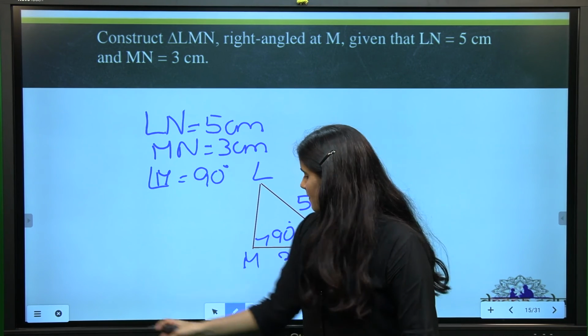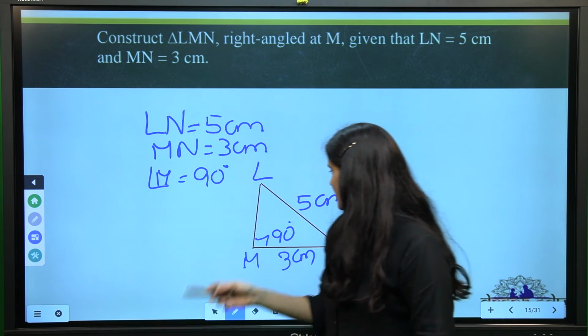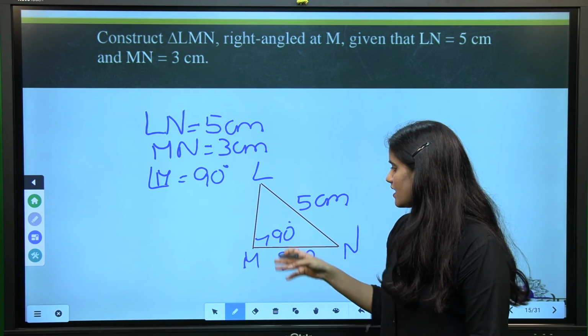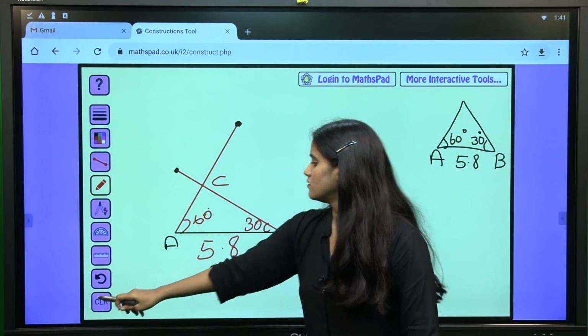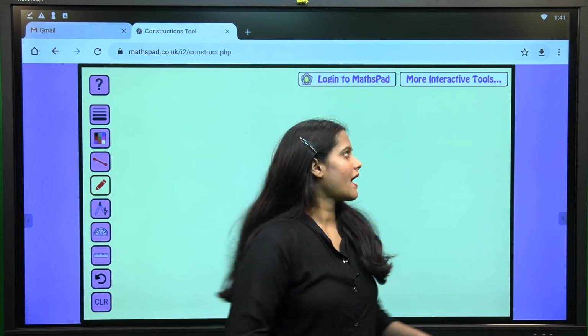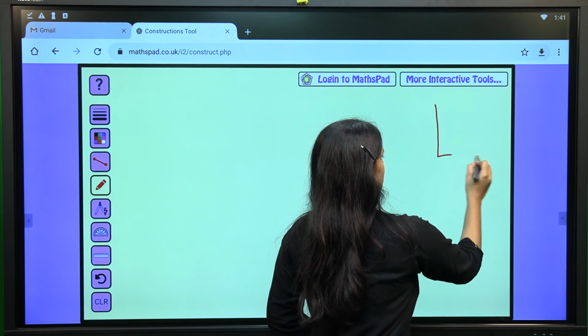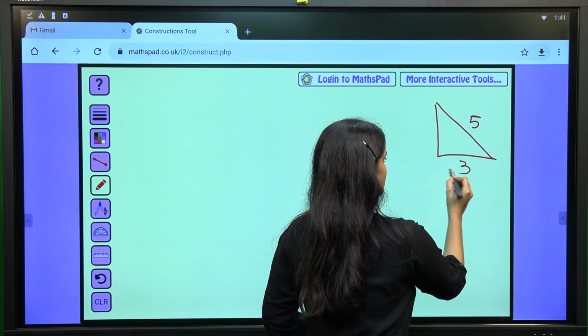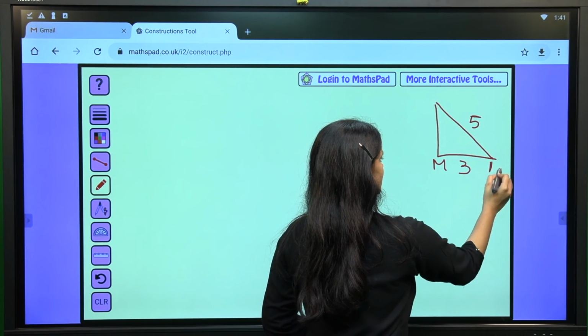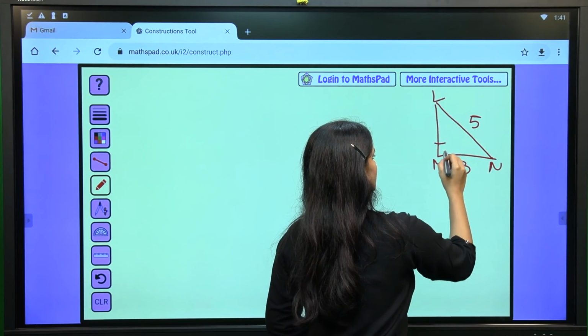Okay then. So LN is 5, MN is 3, 90 degree. So I'll take a chrome. I'll just write the rough diagram. So this was 5, this was 3, M, N, L. So here it was 90 degree.